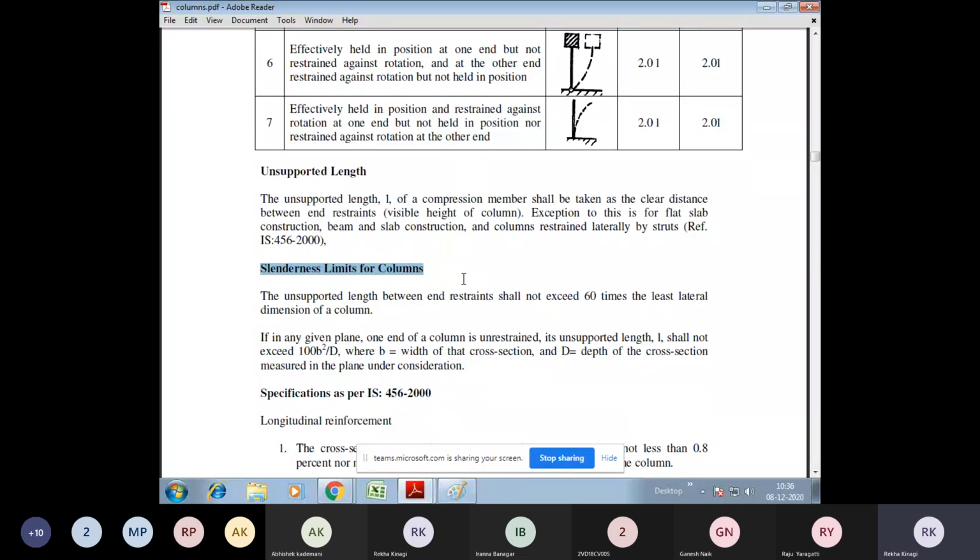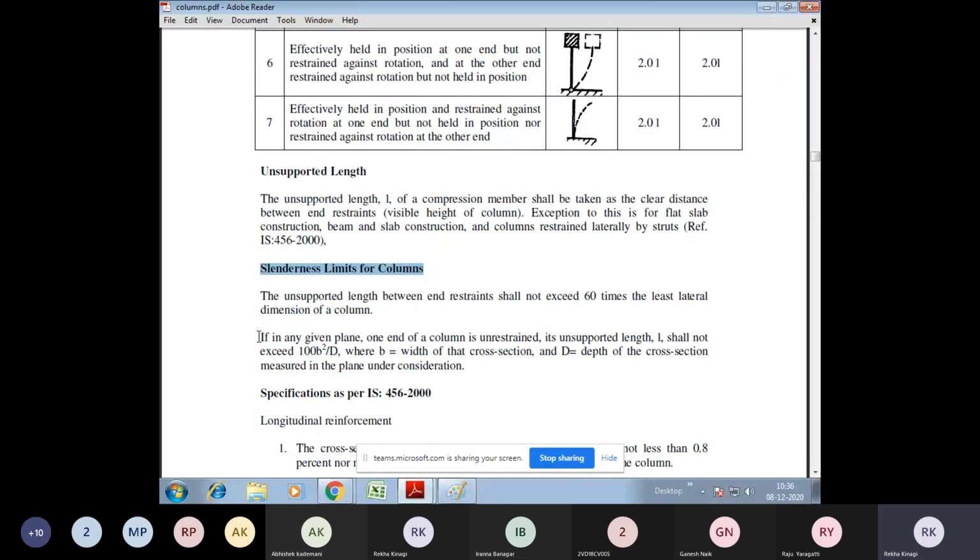And now coming on to the slenderness limits for the columns. The unsupported length between the end restraints shall not exceed 60 times the least lateral dimension of a column. These specifications are there in IS 456 also.